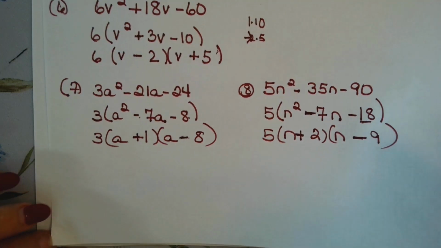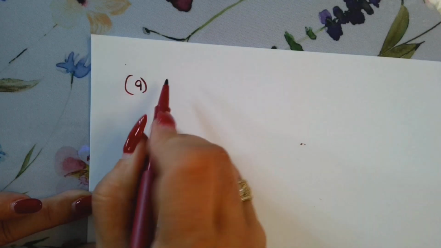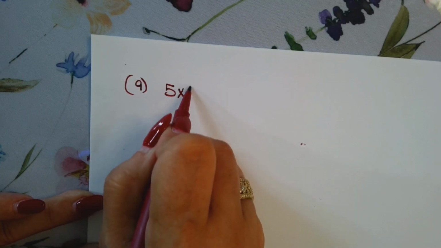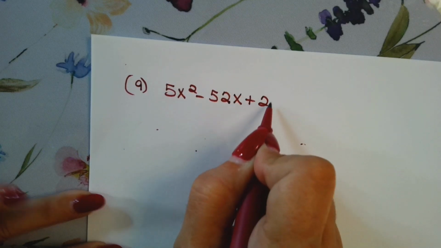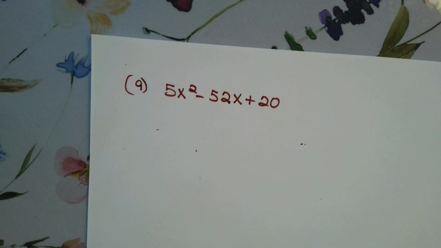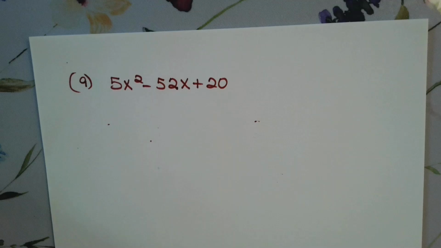Number 9. We have 5x squared minus 52x plus 20. Okay, greatest common factor. 52 is not divisible by 5.